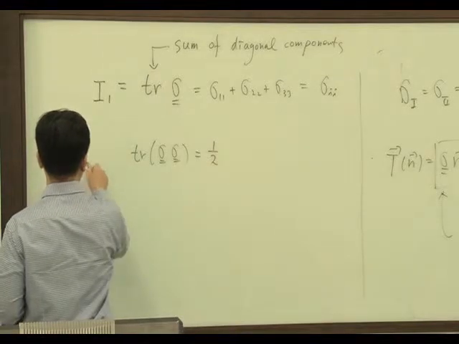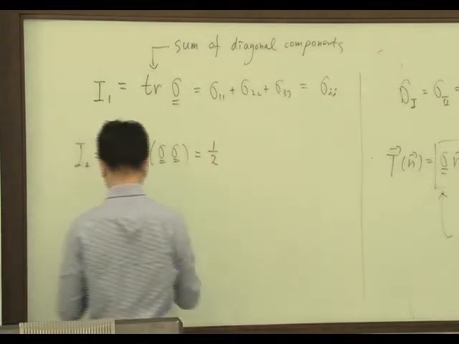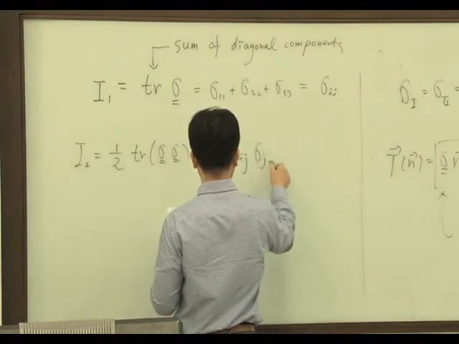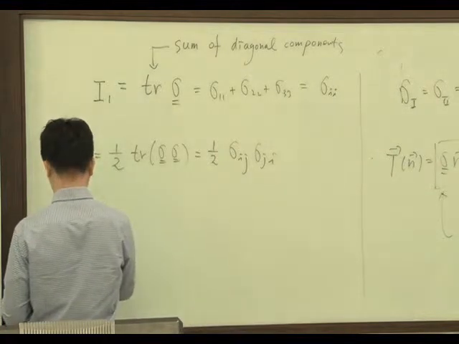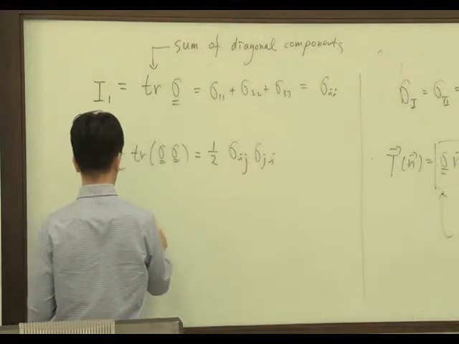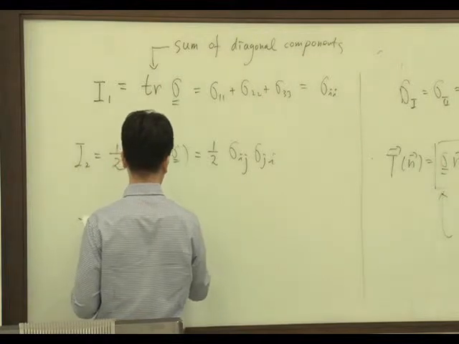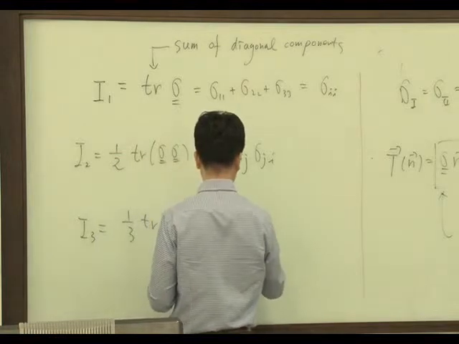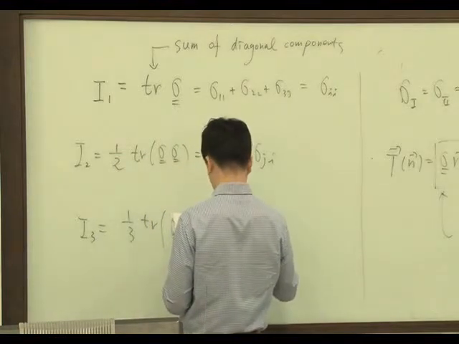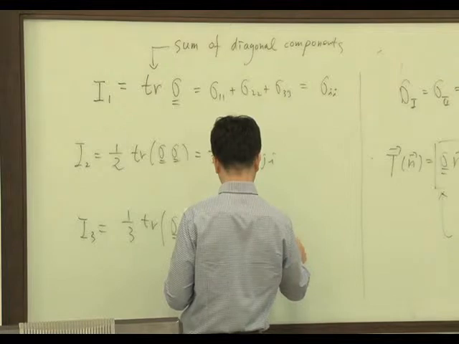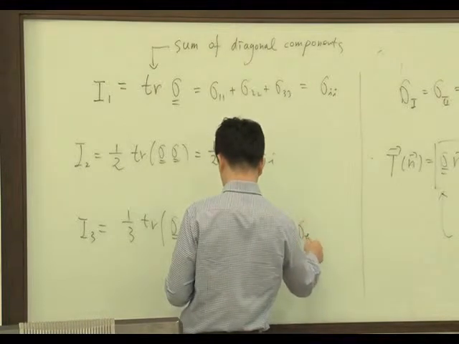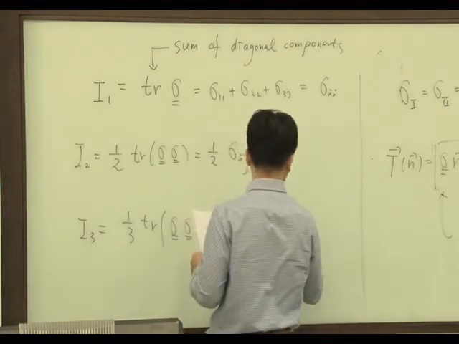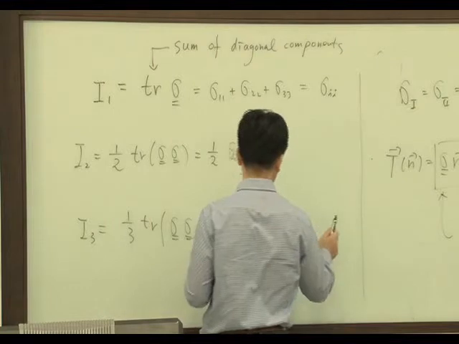I2 equals 1 over 2 sigma ij sigma ji. Then I3.